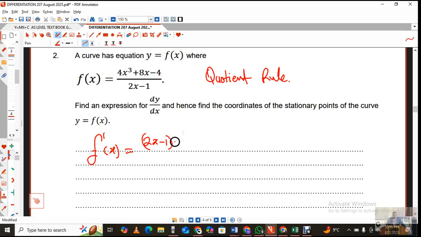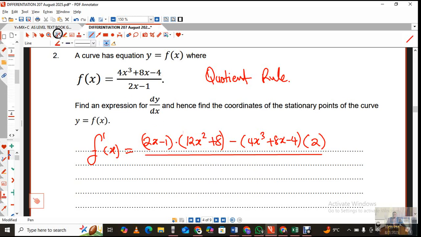So the derivative of the numerator is 12x squared plus 8, minus the numerator, which is 4x cubed plus 8x minus 4, multiplied by the derivative of the denominator, which is 2. And you're going to put all of this over 2x minus 1, all squared.